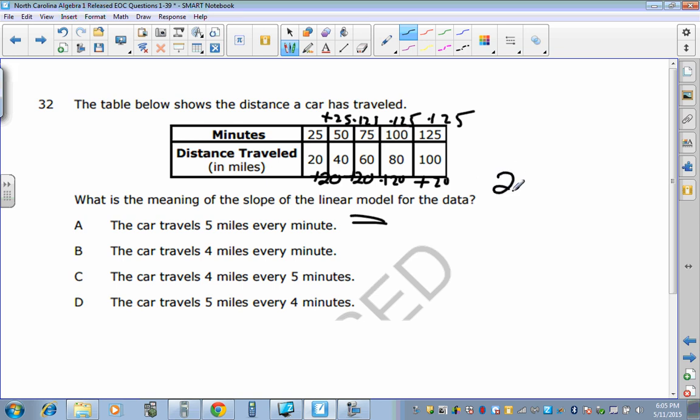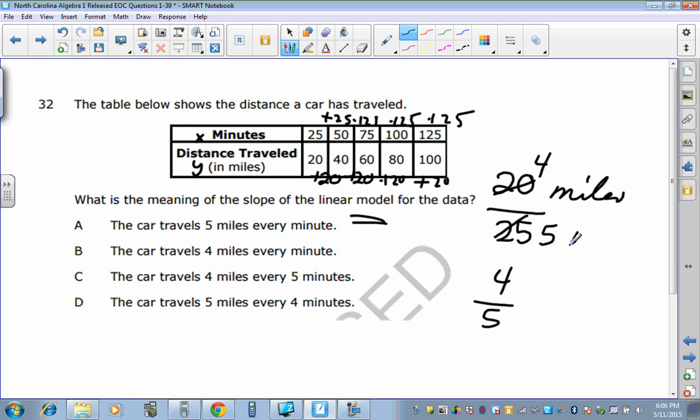So you do your rise, which would be y, over run. That can be reduced. 5 goes into 20 4 times, 5 goes into 25 5 times. Remember that y was miles, and x was minutes. So this is 4 miles for every 5 minutes. C would be your answer.